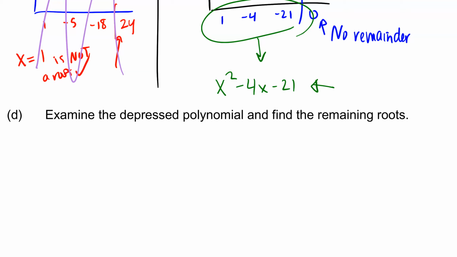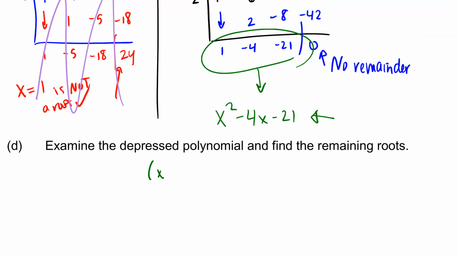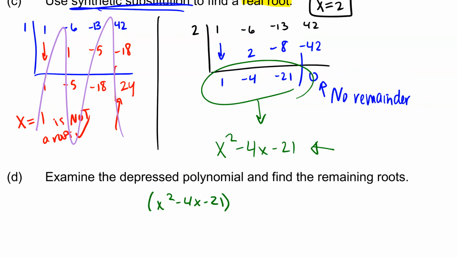Okay, so examine it, find the remaining roots. So right now, I know x squared minus 4x minus 21 times x minus 2 is equal to my original function. So I knew that x equals 2 was a 0, so in order to write it as a factor, I subtract 2 on both sides, and I have x minus 2 equals 0.